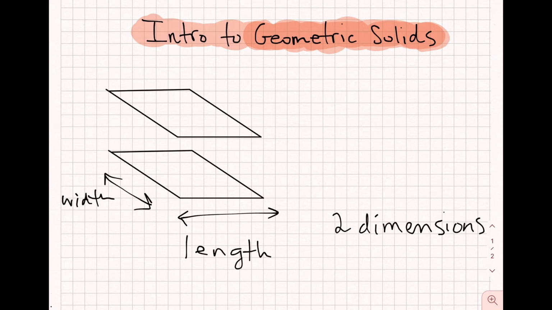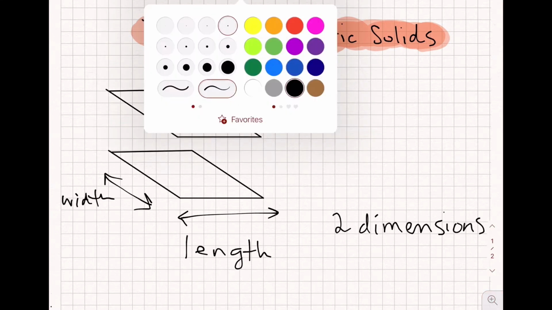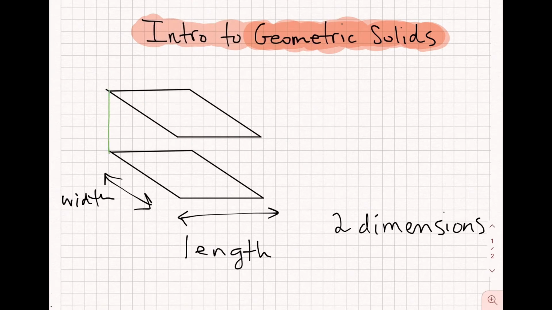But I can add a new dimension here, right here. This new dimension is called height. Height is a third dimension.